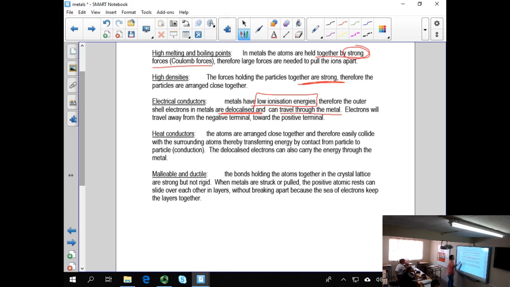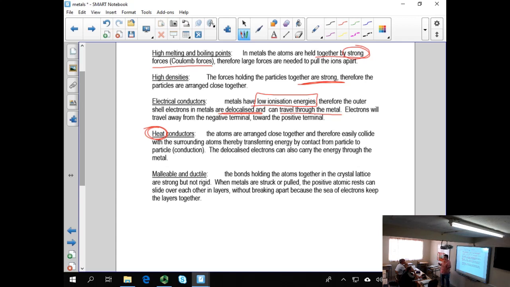Now, in terms of heat conductivity, there are three ways in which heat can be transferred. The one is by conduction. What does the word conduction mean? Particles vibrate, they bump into each other and it transfers the energy by direct contact.